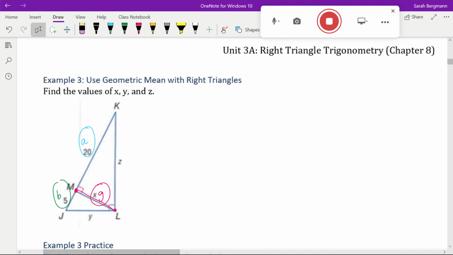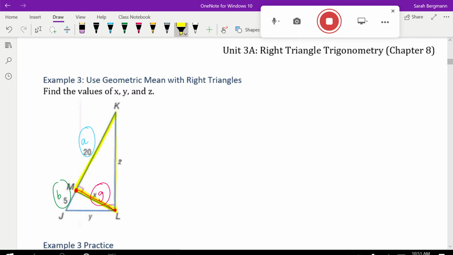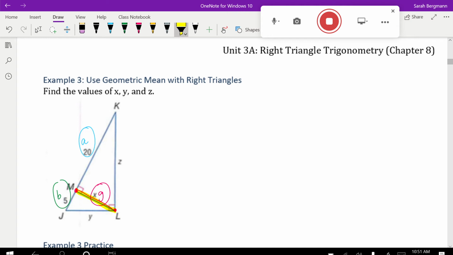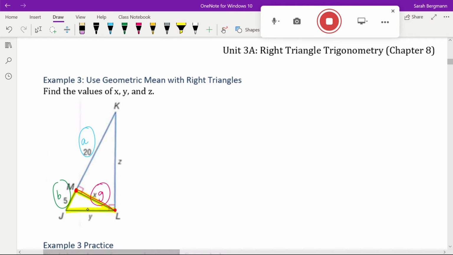So previously, we would not have been able to solve this because if we look at any of our right triangles, triangle JKL, we're missing two sides. Triangle MLK, we're missing two sides. Triangle LMJ, we're missing two sides. So we wouldn't be able to solve this with just Pythagorean theorem. So this is why it's helpful.